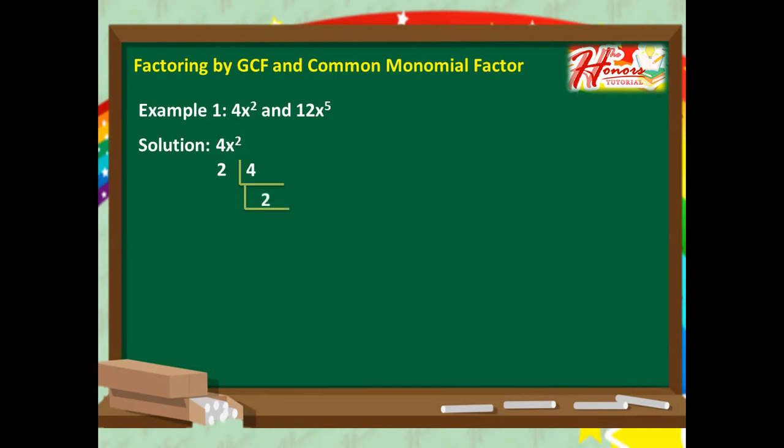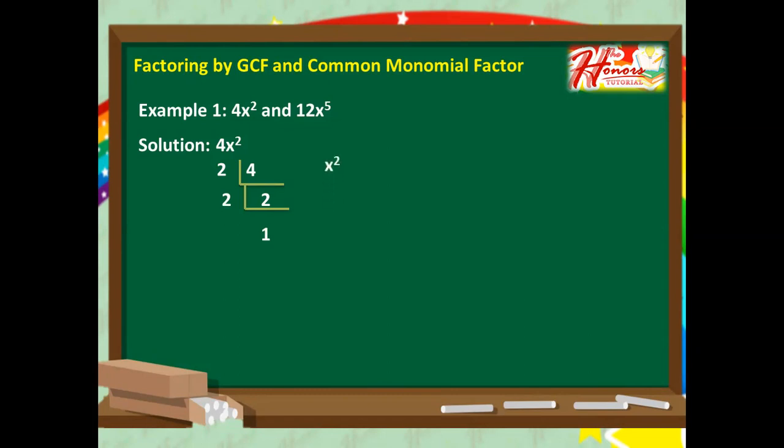So we will write it here. And then since it is 2, we have to think of a prime number that can divide 2. We will not stop until it is 1 at the end. So that is 2. 2 divided by 2 is 1. So now we have here the factors for 4 using the ladder method.